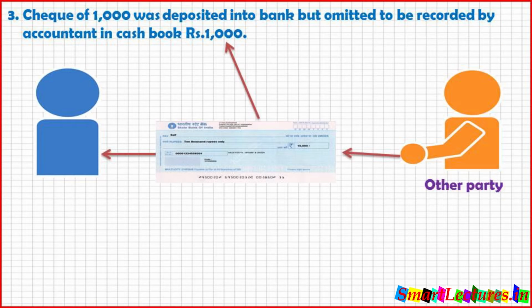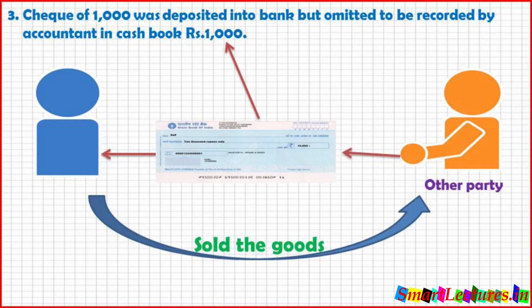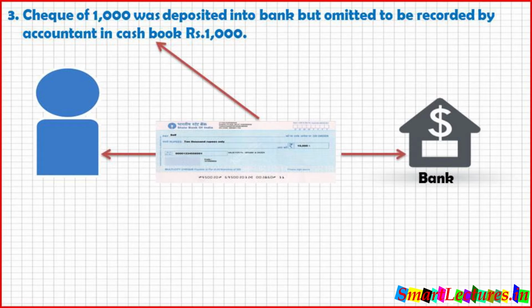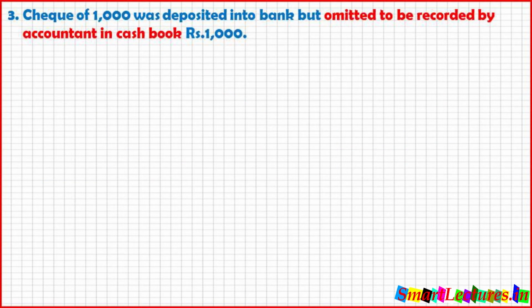It means we got a check from some party of rupees 1,000. Maybe we sold the goods to some customer, and instead of paying cash, customer gave us the check, and we immediately entered the check in the cash book and sent to the bank. But actually what happened? It was omitted to be entered by the accountant in the cash book.